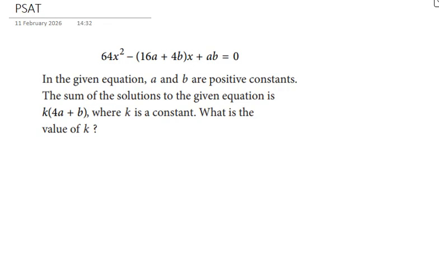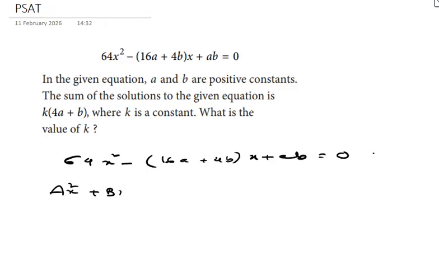Now, we are given 64x² minus (16a plus 4b)x plus ab is equal to 0. Now, this is a quadratic equation in x. We know that the standard form of a quadratic equation is ax² plus bx plus c is equal to 0.